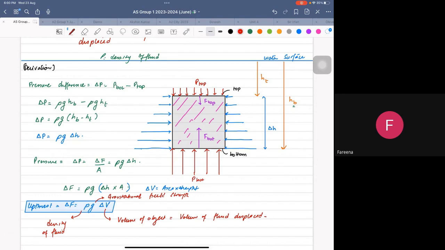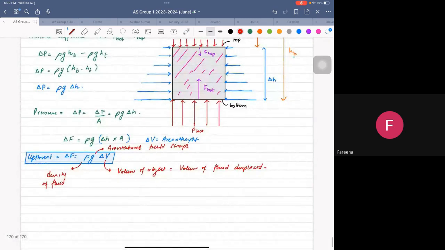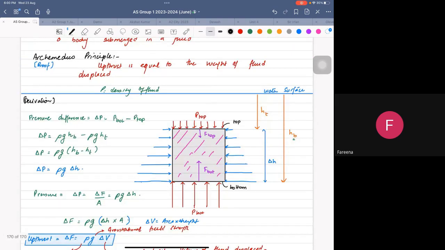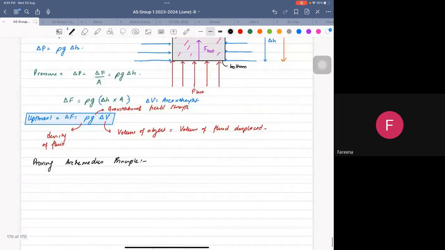Yes. Okay. Now proving the last thing before we leave, and that would be proving Archimedes' principle. Archimedes' principle says that upthrust is equal to the weight of the fluid displaced. The formula that we've just learned is that upthrust is rho g change in volume, and I've told you this volume change is the volume of water displaced.